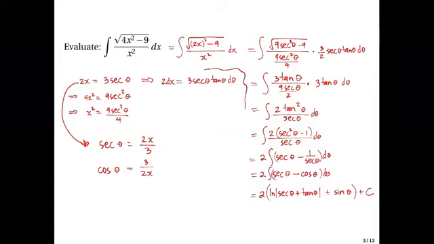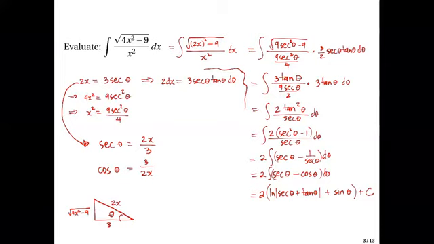If we use right triangles, if this is our theta, cosine theta equals 3 over 2x, so adjacent over hypotenuse. This here is the adjacent side, so we have 3. This here is the hypotenuse, so this is your 2x. And since we will need tangent theta or sine theta, we need the opposite. But this opposite is just the square root of 4x squared minus 9.